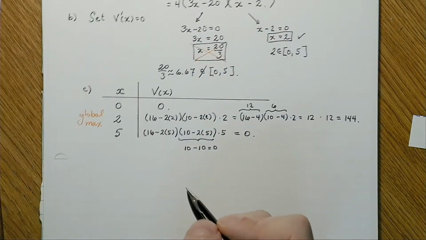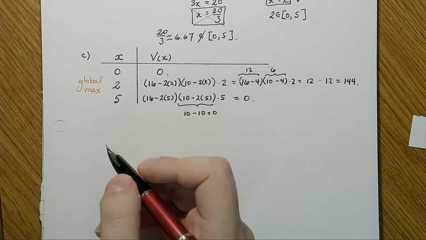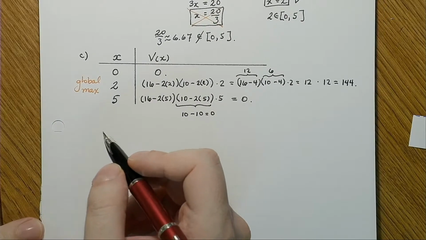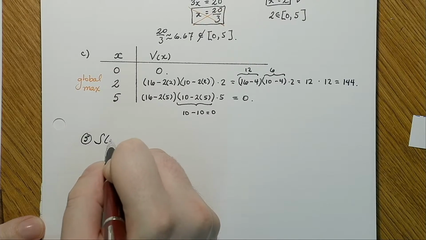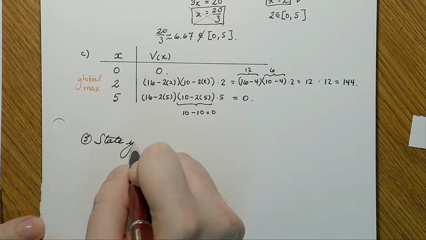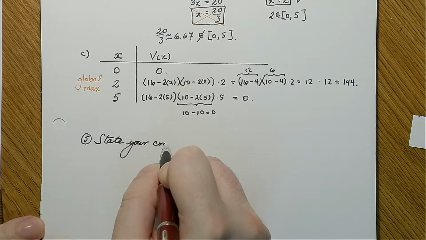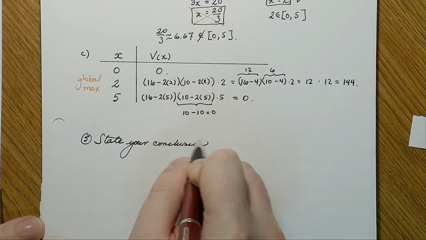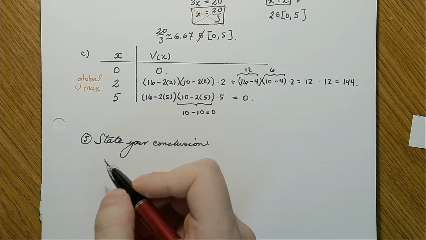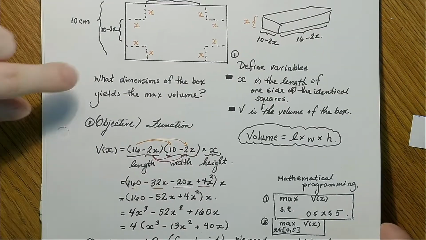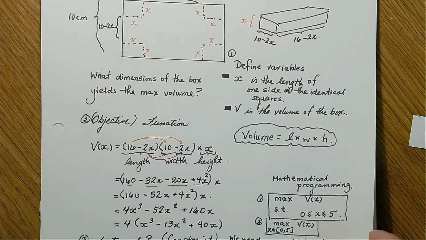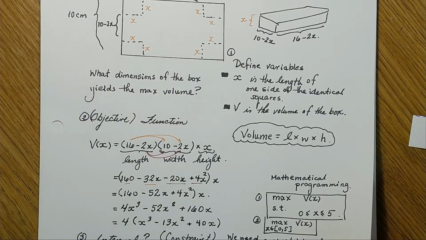a very big step in business or economics: state your conclusion. So, again, the conclusion is probably an answer to your original question or hypothesis, and it's, what are the dimensions of the box that yields the maximum volume?